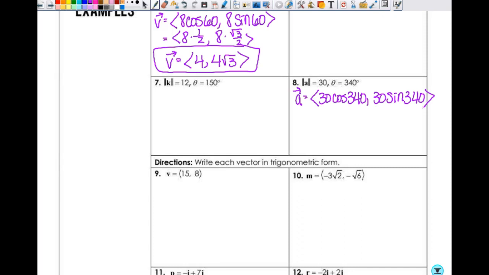All right, so you agree with that much? Now, is 340 a special angle? It's 20 away from 360. So do we have 20s in our special angles? It's not. So since it's not a special angle, that's why you have your calculator. We need to make sure the calculator is in degree mode. If it is not, put it in degree mode, and then you just type this in.